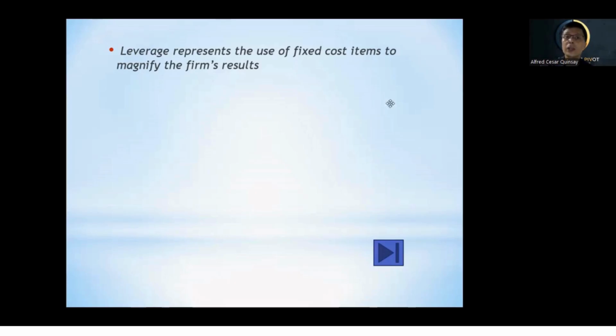In doing so, they would be able to decrease their cost, which would probably increase their chances for profits.